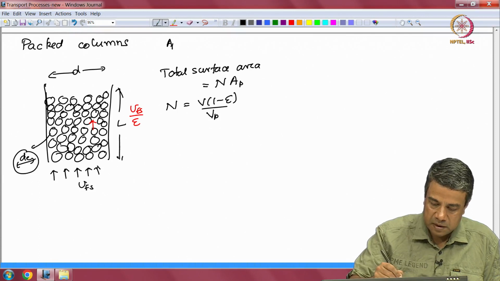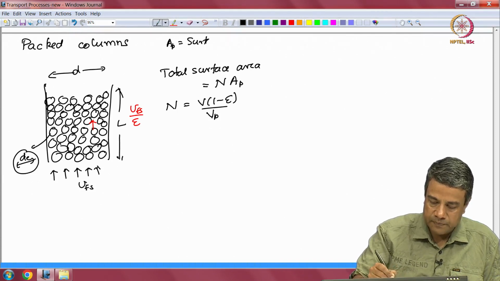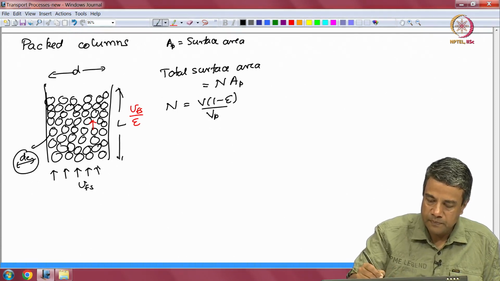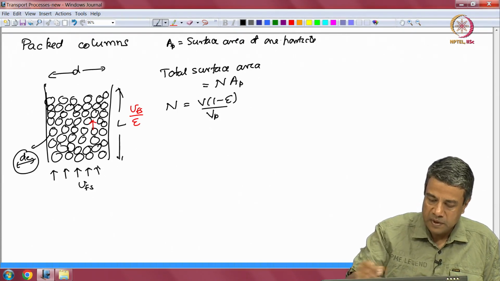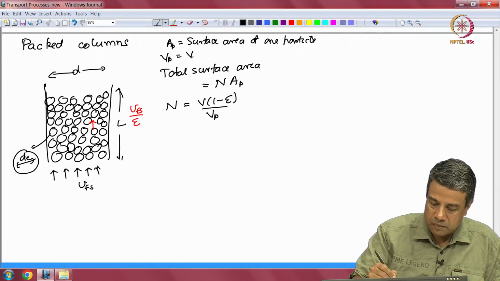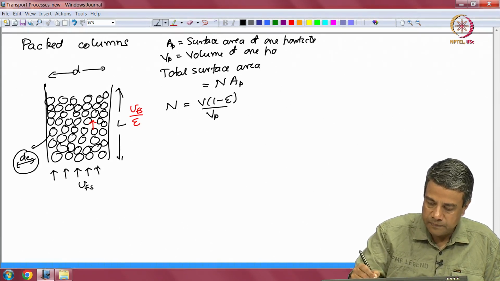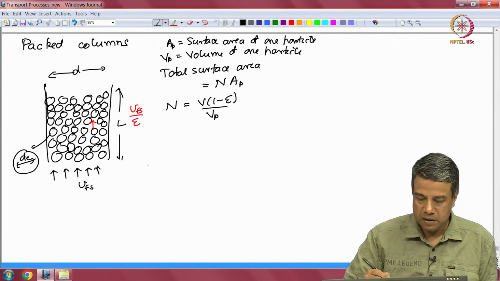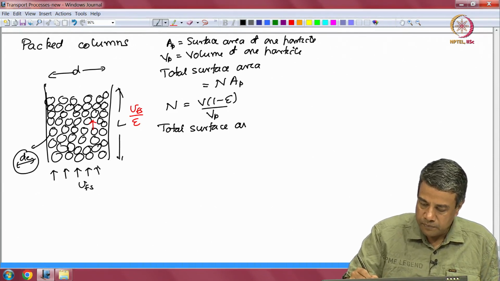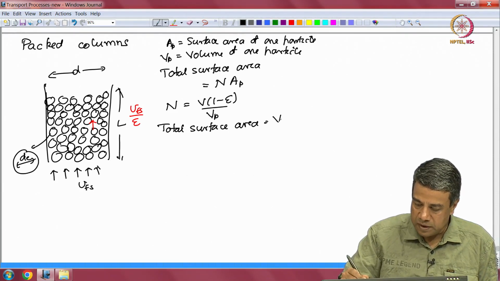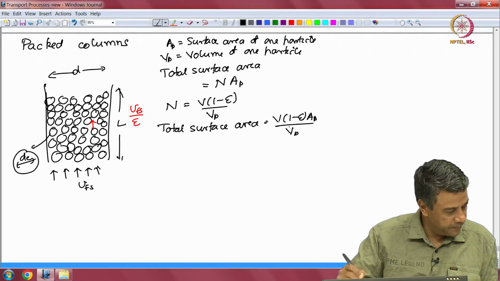So, here Ap is equal to surface area of one particle, and Vp is equal to volume of one particle. So, therefore, the total surface area is equal to V into 1 minus epsilon Ap by Vp.